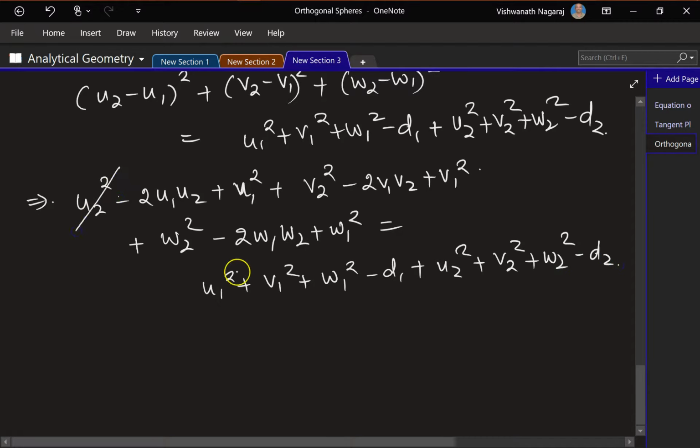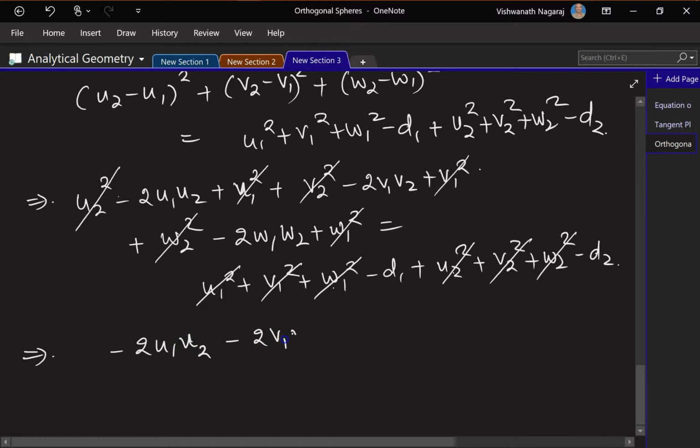So u2 square cancels u2 square, u1 square cancels u1 square, v2 square cancels v2 square, v1 square cancels v1 square. So what we are left with is minus 2u1u2 minus 2v1v2 minus 2w1w2 is equal to minus d1 minus d2.